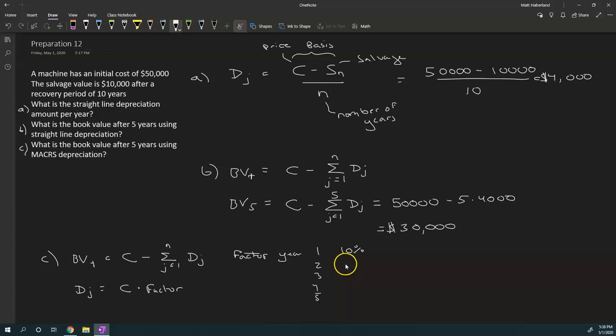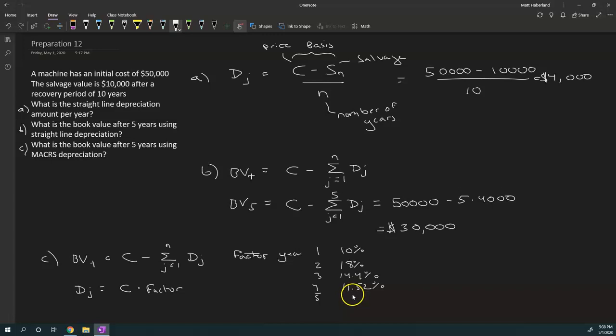It depreciates 18%, so that's between when it's put into service. We say it starts depreciating halfway through the first year, and by the end of the year it's depreciated 10%. That's why in the next year, over the course of the full next year, it depreciates 18%. The year after that, it depreciates 14.4%. The year after that, it depreciates 11.52%.